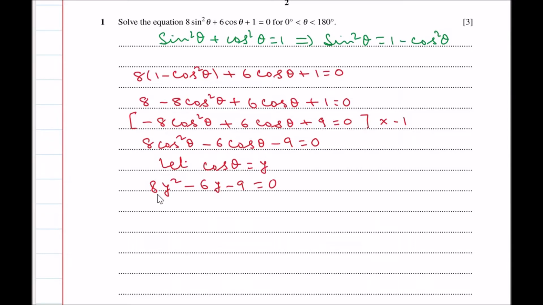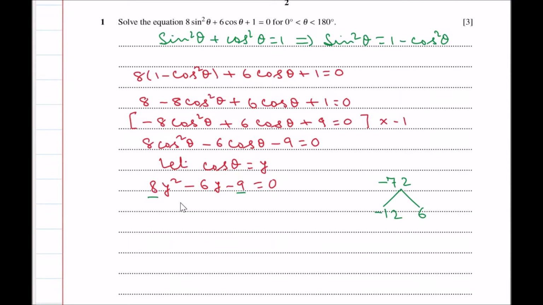First of all, we need to multiply 8 and minus 9, which gives us minus 72. And we have to find two factors which should add up to minus 6. So that is minus 12 and 6. If you multiply minus 12 and 6, that gives us minus 72, and if you add them, that gives us minus 6, which is the middle term coefficient.